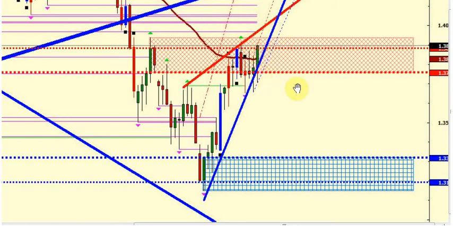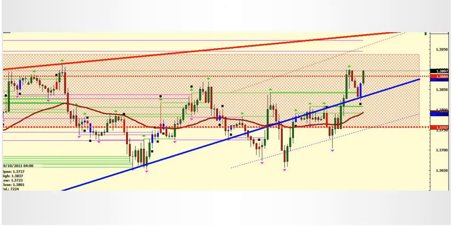Now let's go ahead and take a look at the hourly time chart, and then we'll take a look at charts for a couple of the other currencies. Now on the hourly chart, you can see much more clearly how price spent a great deal of time in this zone this week.